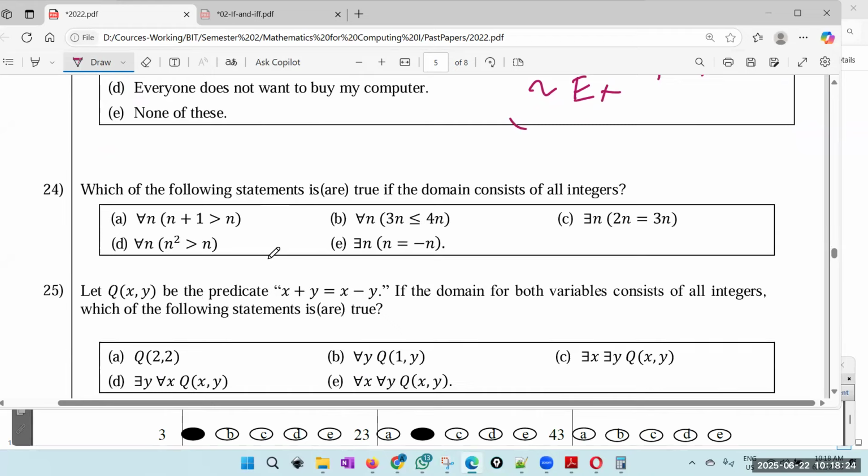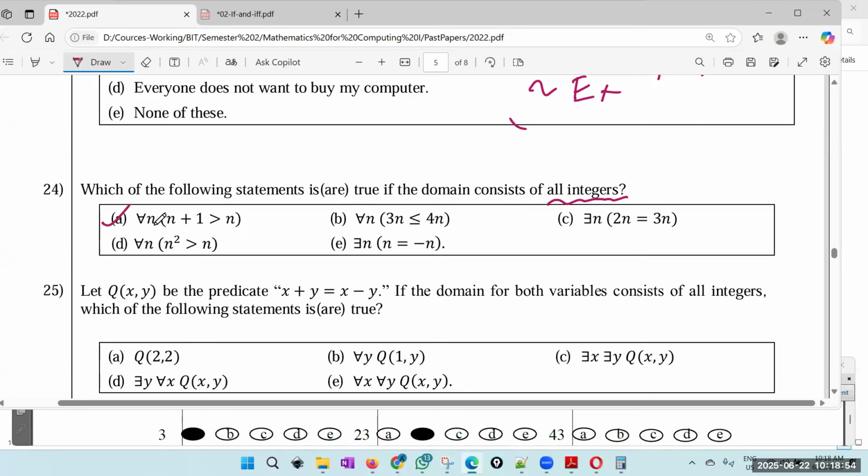What about the next one? Which of the following statements are true if the domain consists of all integers? All integers. For all n, n plus 1 is greater than n. For all integers, when you add 1, it must be bigger than the original, correct? I'll say yes.